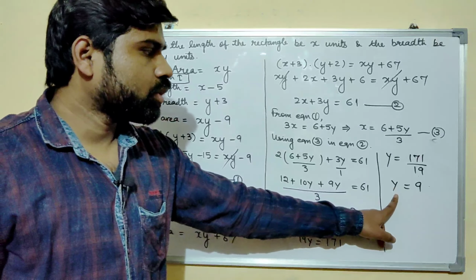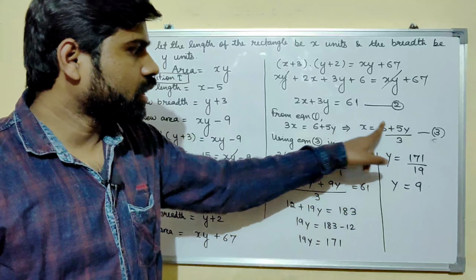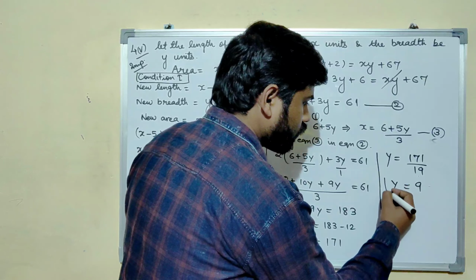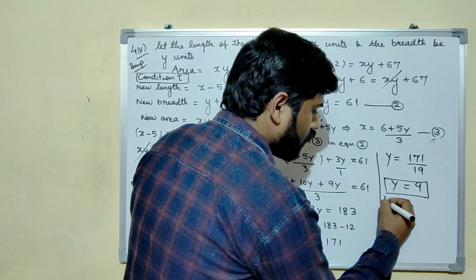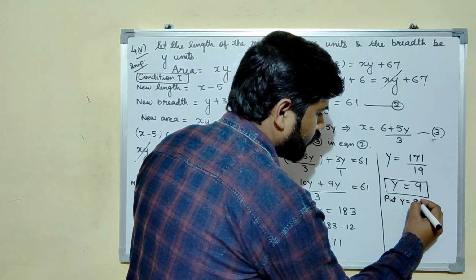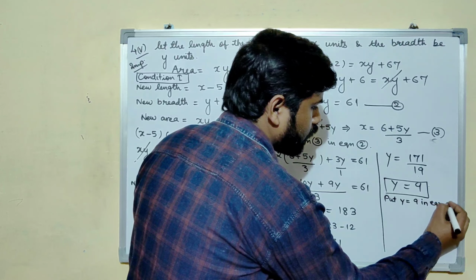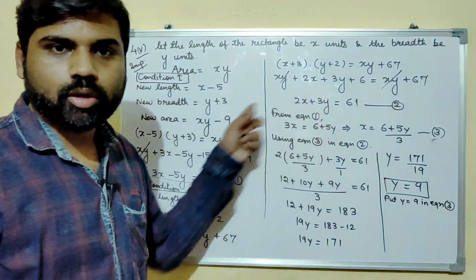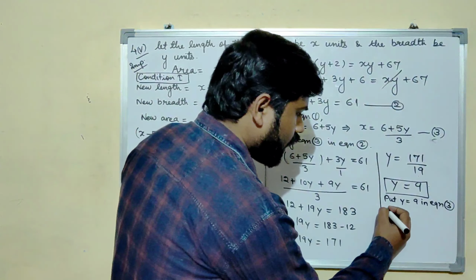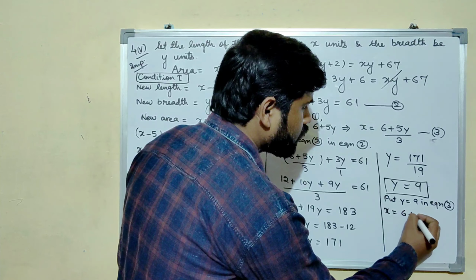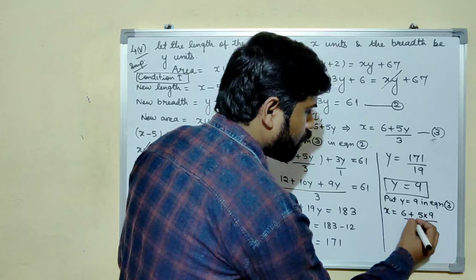Now you can substitute the value of y in the third equation. Put y equals 9 in equation 3, or any of equation 1 or 2. You can find it. x equals (6 plus 5 into 9) upon 3.